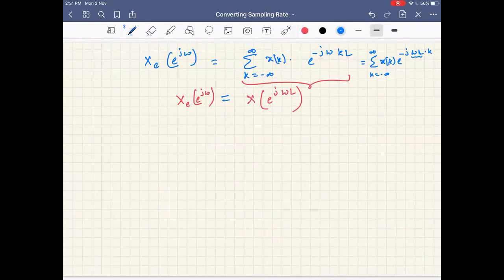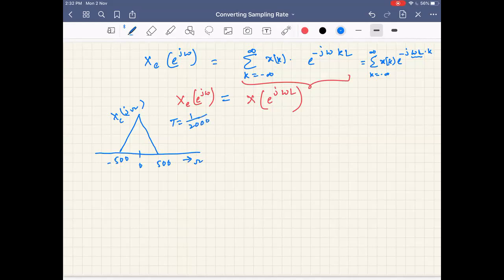Just for completeness, if you would like to bring in the discussion of the same example, we are given that this is minus 500 to 500, and this is Xc of j omega. Assume that we have done all this on the omega axis, and we have sampled it with an initial sampling period of 1 by 2000.